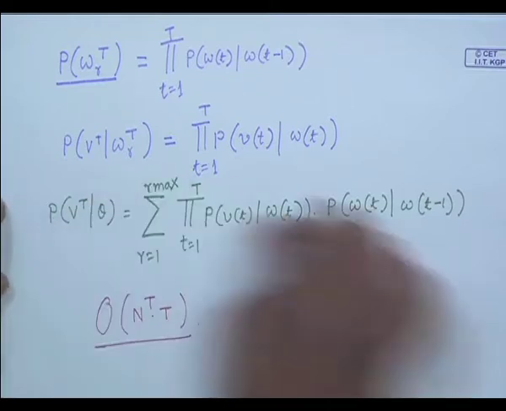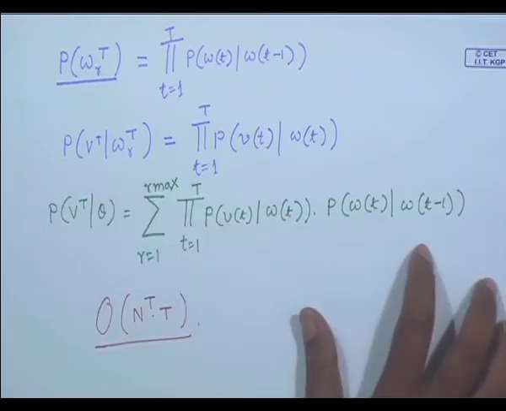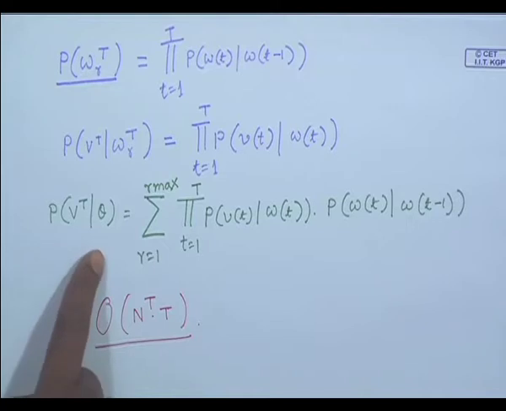So, instead of using this direct expression, I can make use of a simpler approach, a recursive algorithm, which will use the fact that given a sequence of visible symbols V t, what will be the probability that the hidden Markov model will be in a particular state at a particular step in time.